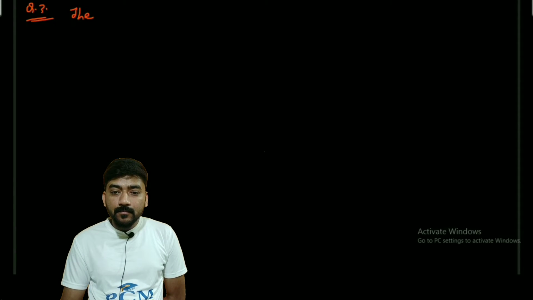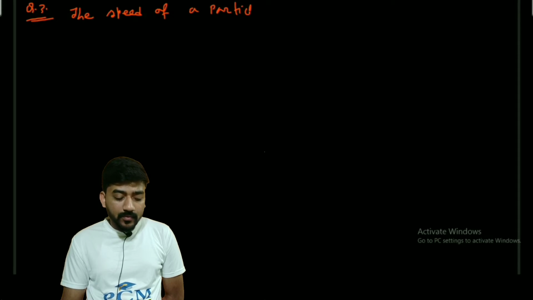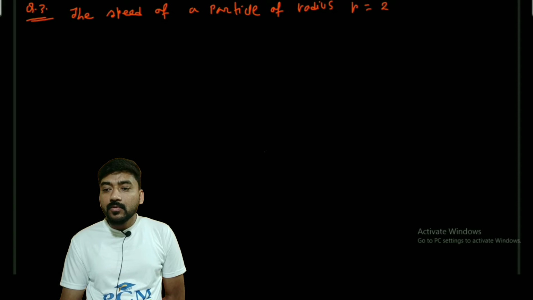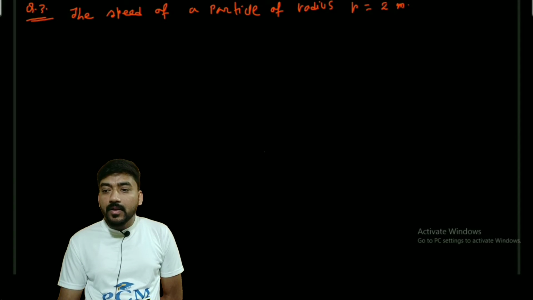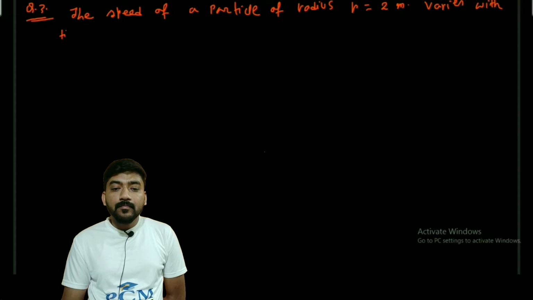The speed of a particle of radius r is equal to 2 meter varies with time as v is equal to t square.